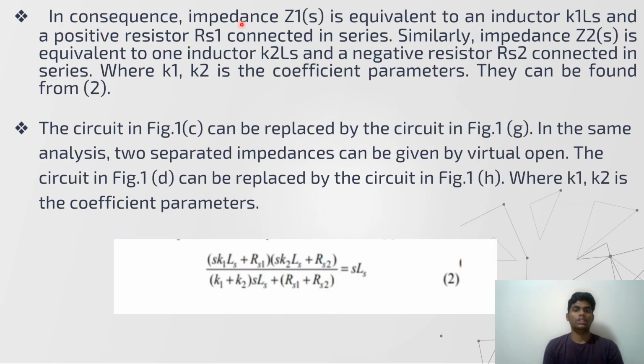In consequence, impedance Zs1 is equivalent to an inductor K1 Ls and a positive resistor Rs1 connected in series. Similarly, impedance Zs2 is equivalent to an inductor K2 Ls and a negative resistor Rs2 connected in series, where K1 and K2 are the coefficient parameters that can be found in the second equation.